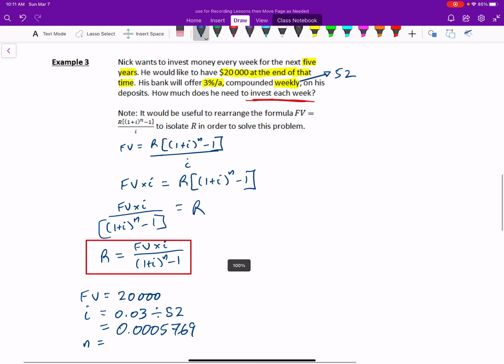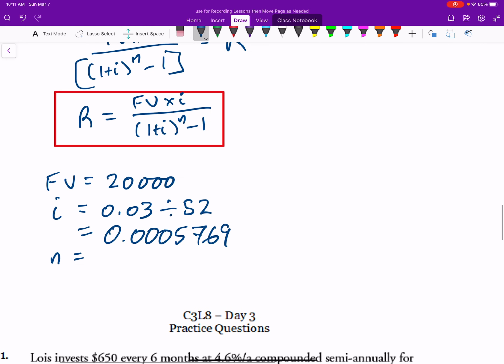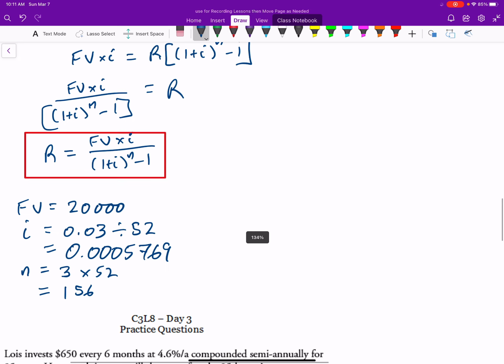And I need to know n again. So it was 3 years weekly. So again, I'll take the 3 years, multiply it by the 52 of weekly. That equals 156. Once I've got the formula I'm using, once I know what goes in for the variables, then it's pretty easy calculation.